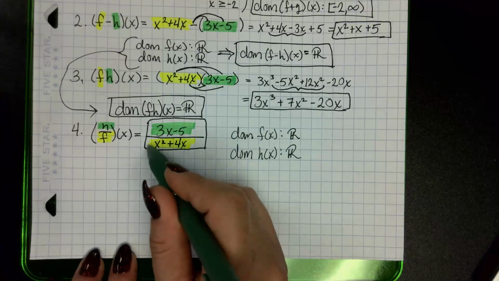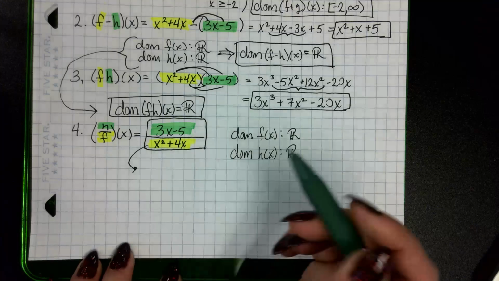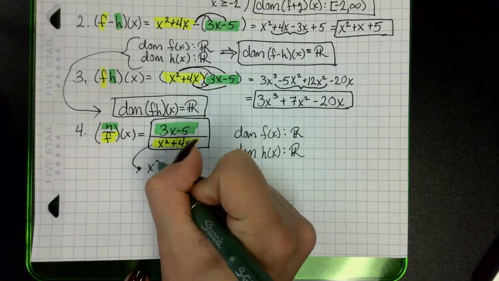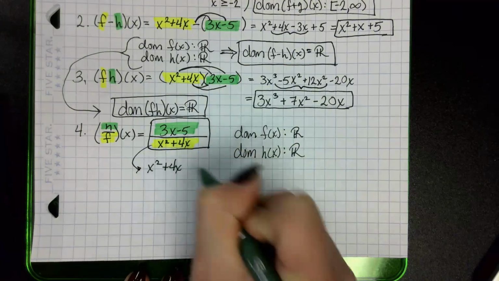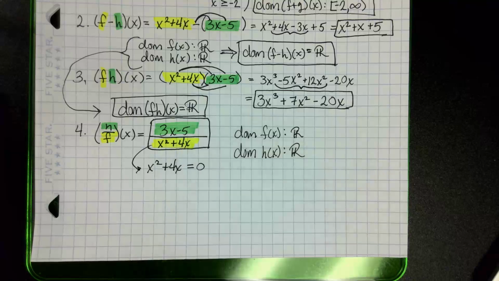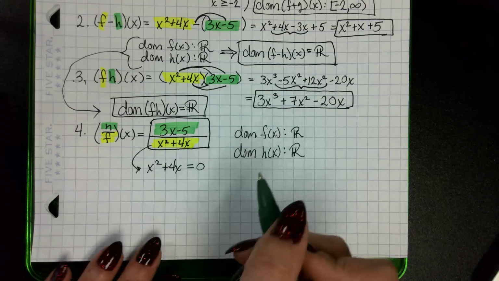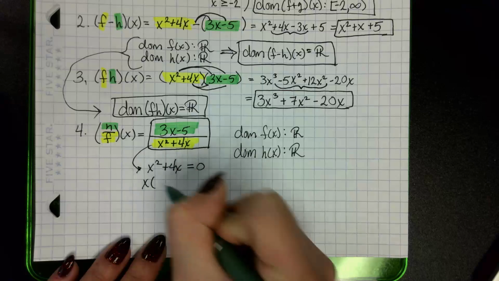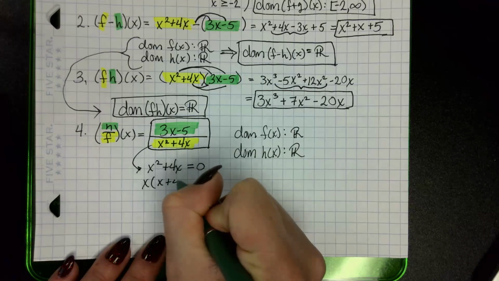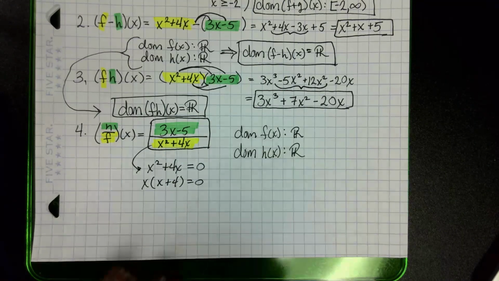So we need to take this denominator, x squared plus 4x, and set it equal to 0 because we cannot divide by 0. If 0 is in the denominator, it's dividing by 0, and we cannot do that. So I'm going to factor and solve this. That is a GCF of x, and that leaves x plus 4 equal to 0.